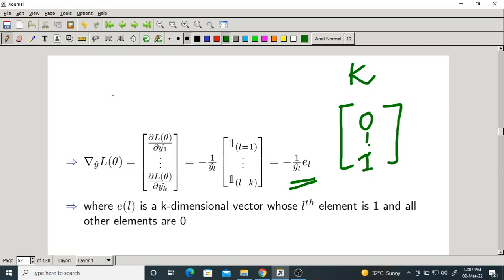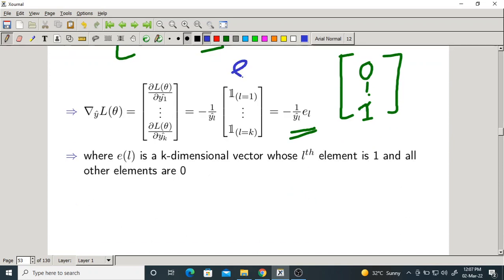Only one of them will be the true class, remaining are not. So this vector is called the el vector, a k-dimensional vector whose lth element is 1 and all other elements are 0.